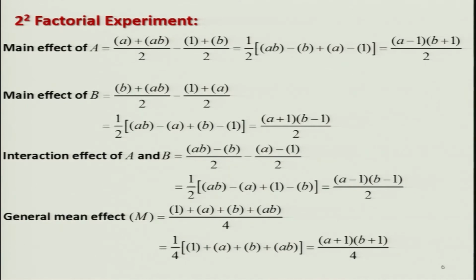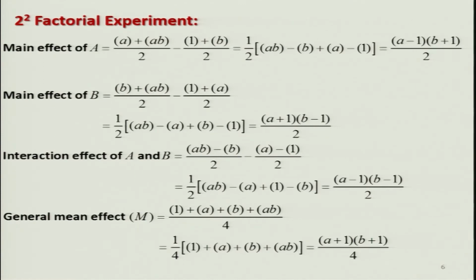We had obtained the interaction effect also, and we had expressed that interaction effect in terms of factor A and factor B, or using the treatment combinations 1, small a, small b, and small ab. Now, what I am doing here is simply writing down those expressions from that example.